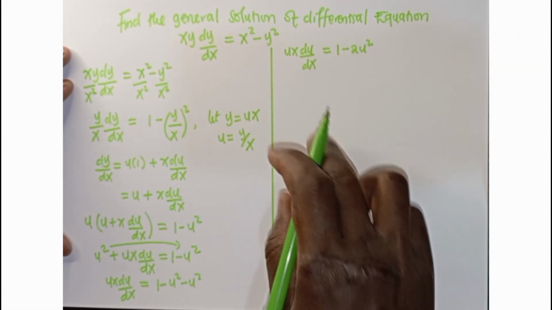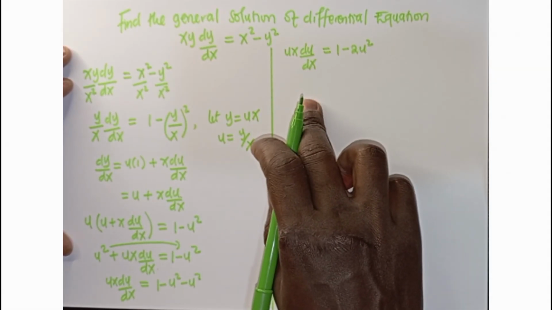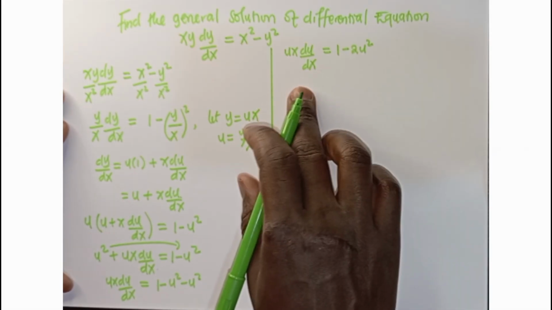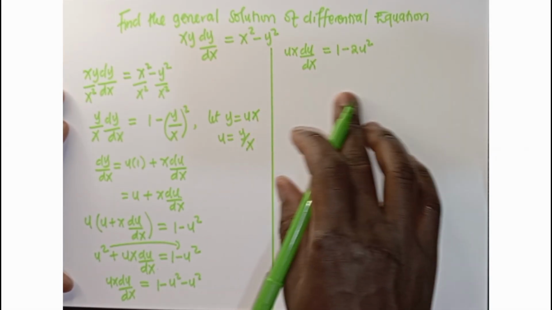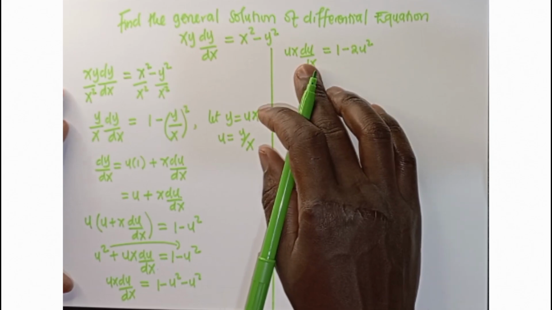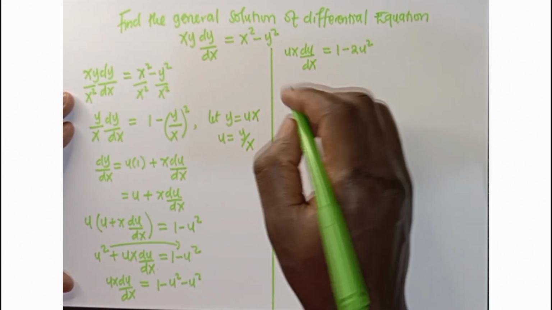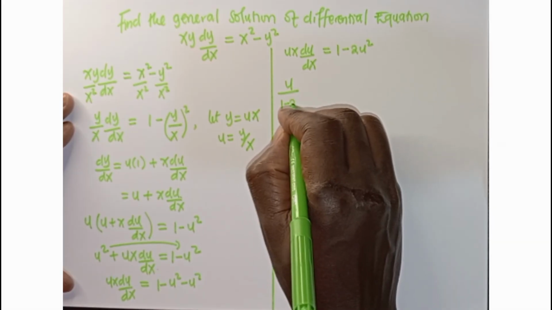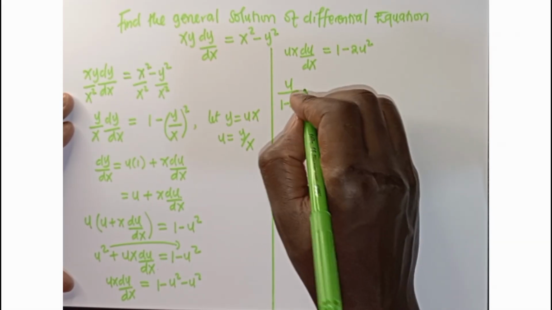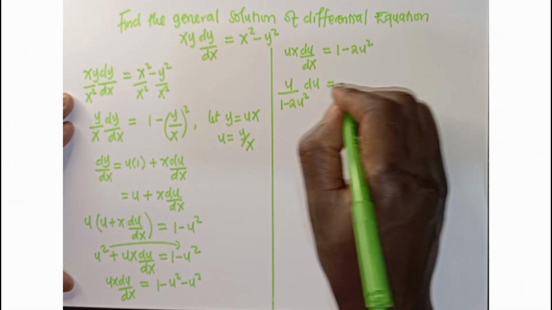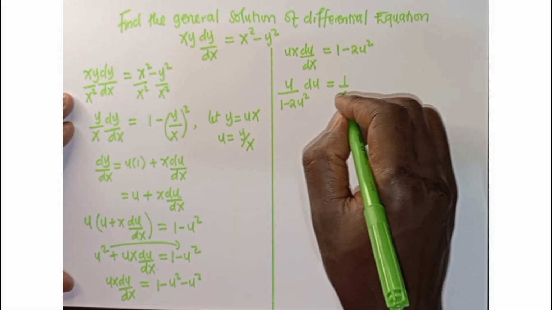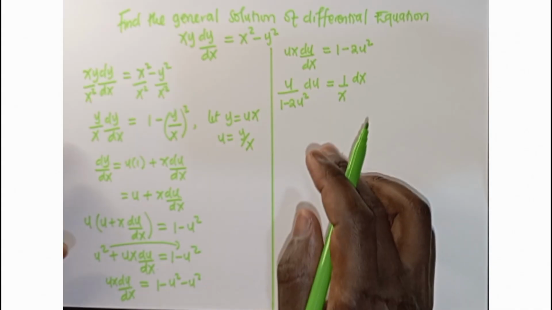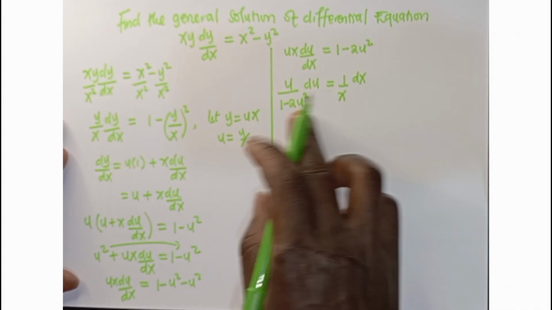Now having it like that, collecting like terms together, we can have u out of 1 minus 2u squared du is actually equal to 1 out of x dx. That is separating variables. You have separated variables here.